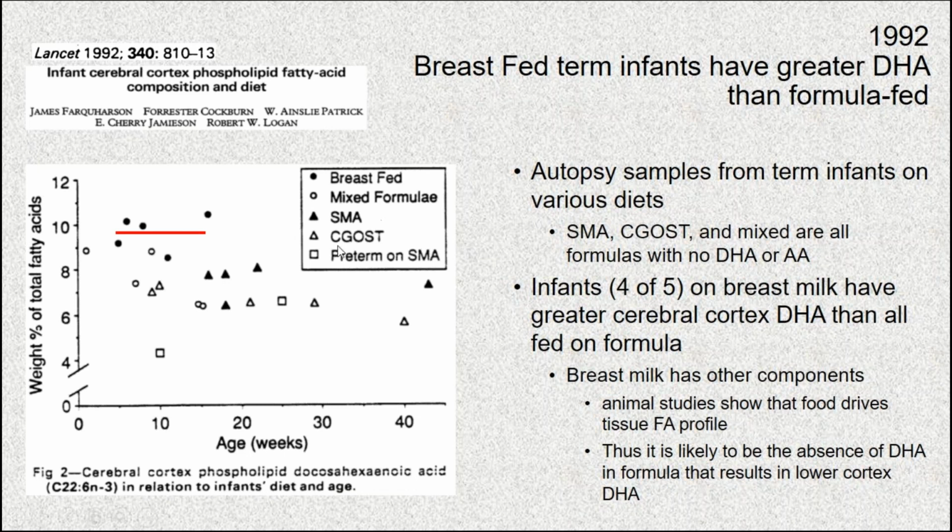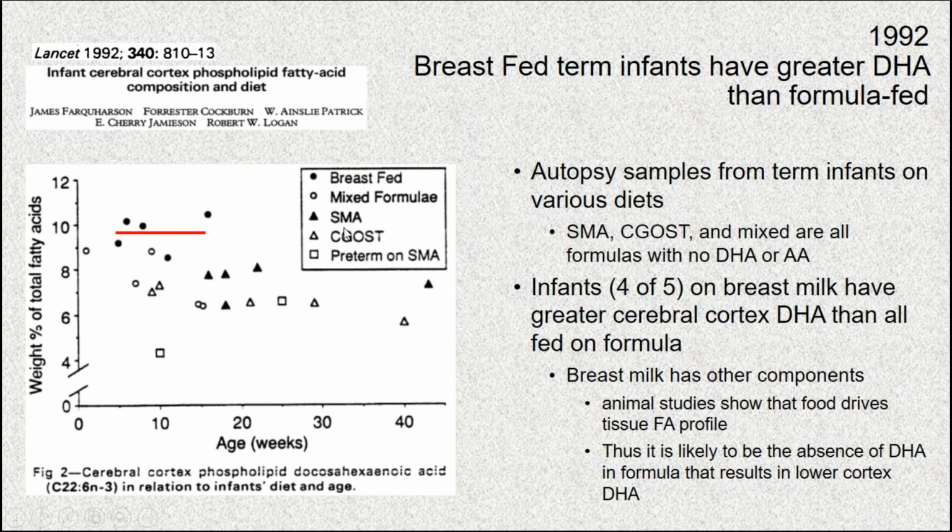But in these studies, and this study happened to be in the UK, and I don't think that Europe got DHA until 95. But in these kids, breastfed kids had DHA in their diets, and this is the weight percent of DHA in the brain tissue, the cerebral cortex tissue of autopsy specimens from breastfed kids.